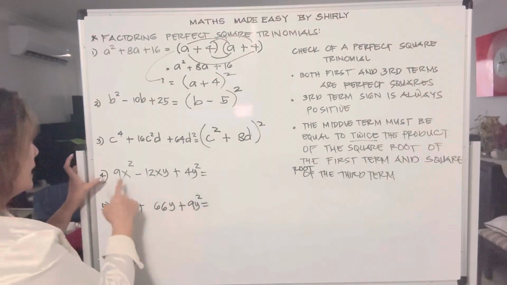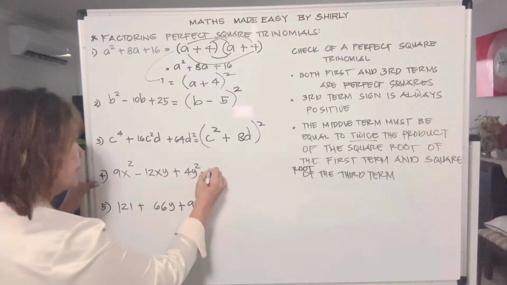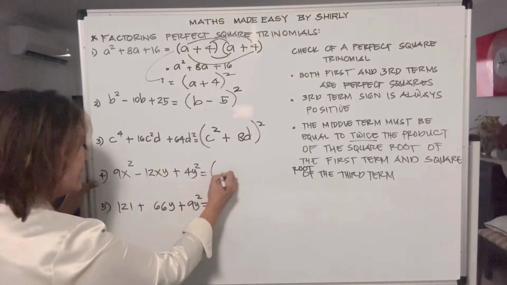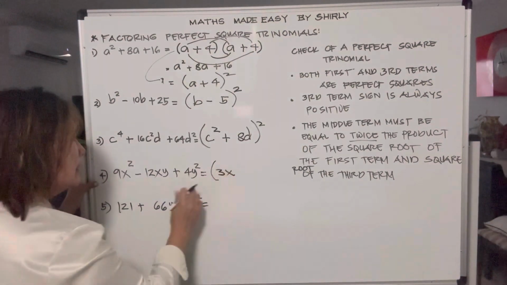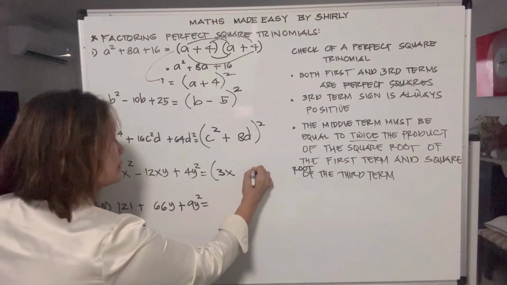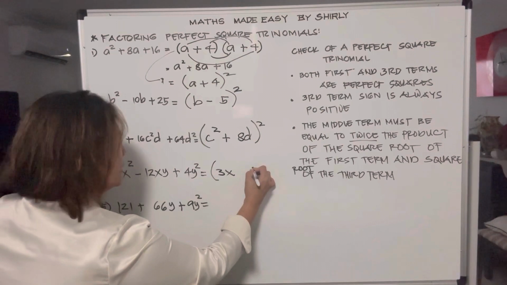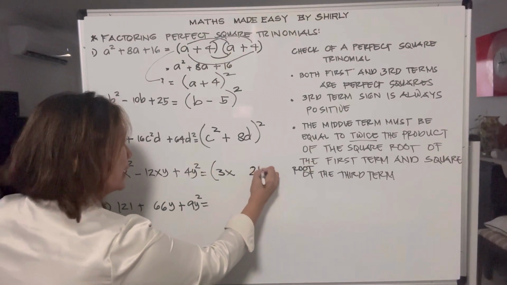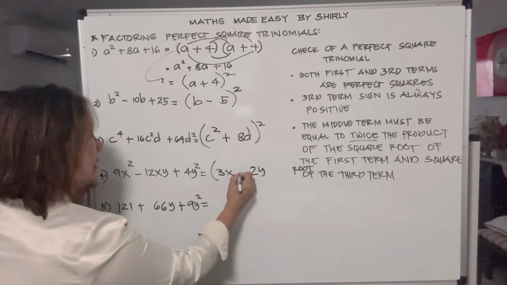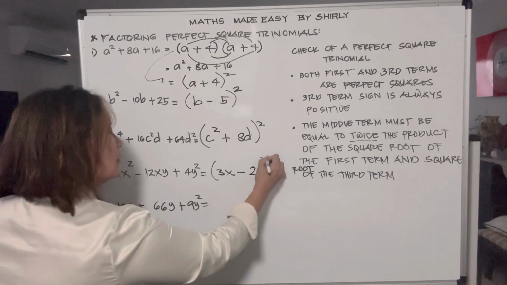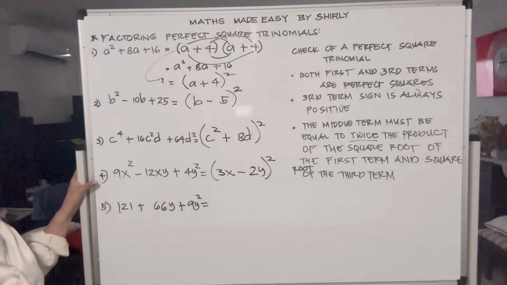Next, we have the square root of 9x squared, that is 3x. The square root of 4y squared is 2y. Copy the sign again of the middle term, and square the whole binomial.